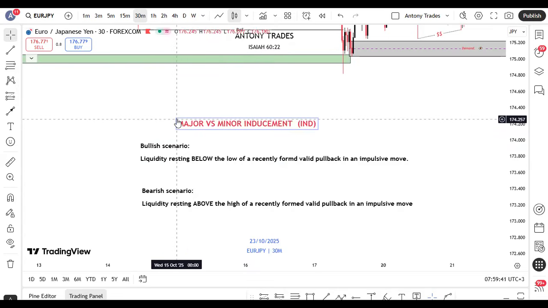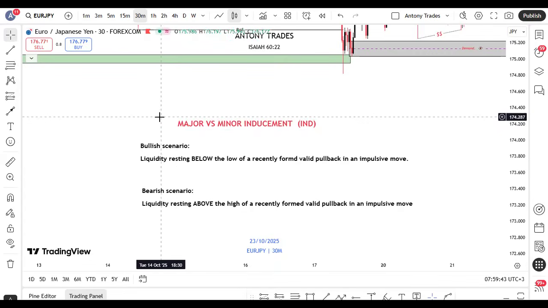These are the set of traps that are left in the market by the institutions to lure me and you into these traps so that you get liquidated before you know it. Once you master how to identify the inducement, then you are good to go.